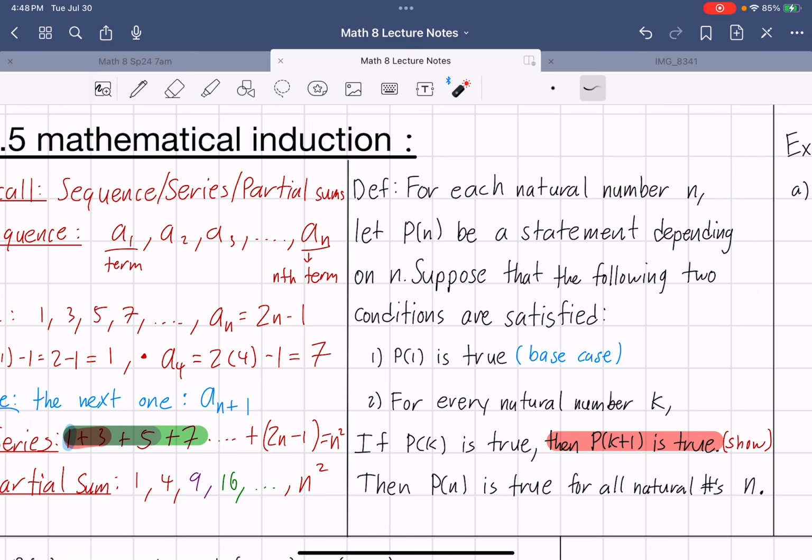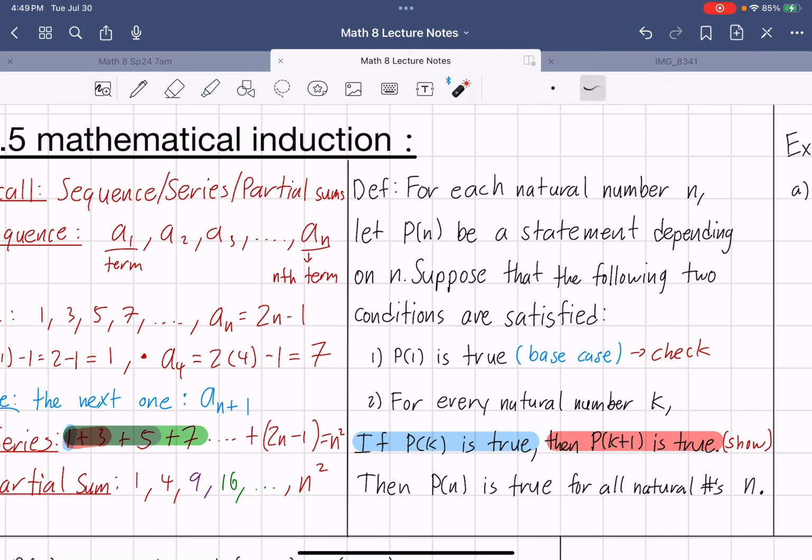So then the second thing is we actually assume this part. This first step is we check. And then this second line here, this is what we assume. Oh, sorry, not here. This part. This part here is if P of K is true, right?